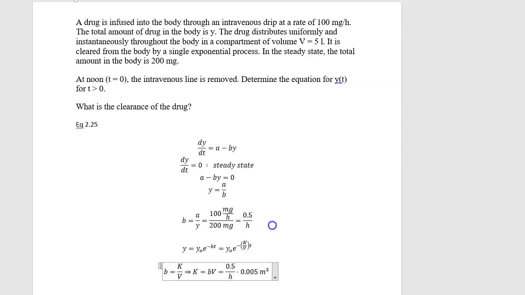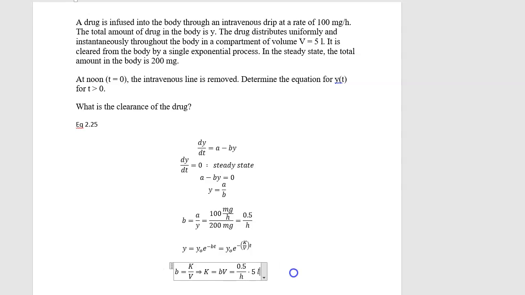And now we have our clearance, 0.5 times 0.005 cubic meters, to get us to cubic meters per hour.